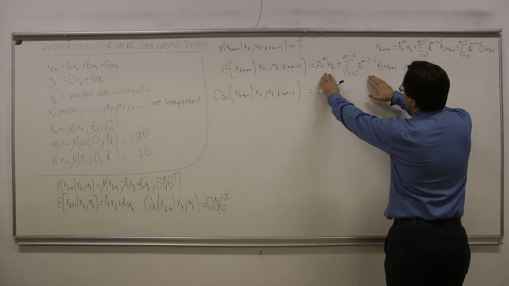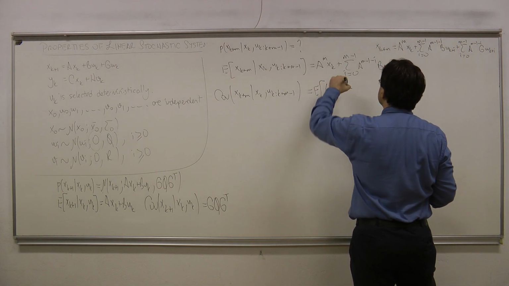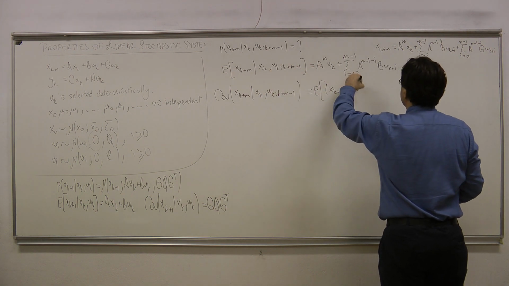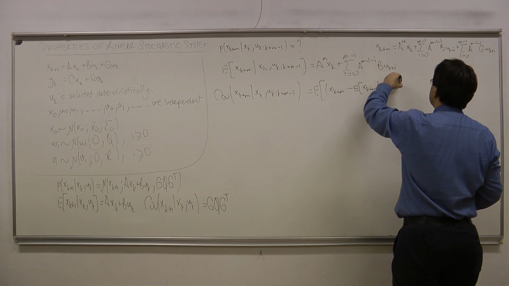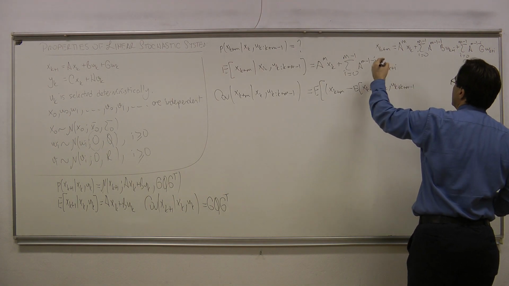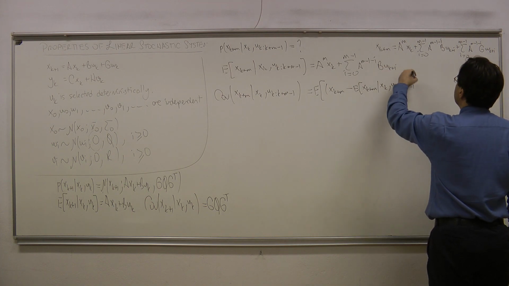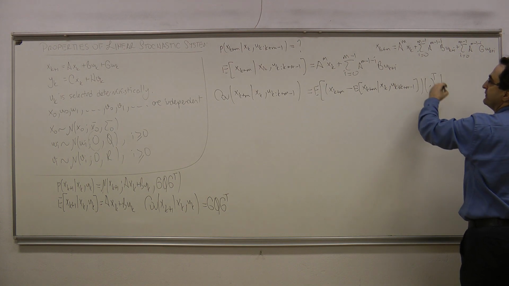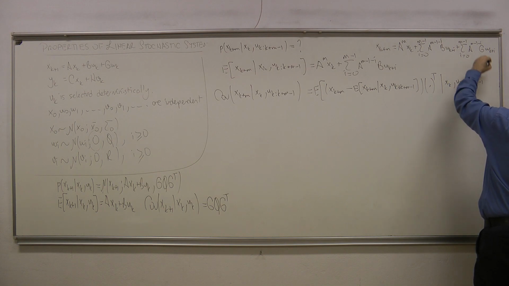The expected value, so what I need to do here is this: the expected value of x_{k+m} minus the conditional expectation of x_{k+m} given x_k and u_k from k to k+m-1, close the parentheses, and then the same thing transposed, given x_k and u_k from k to k+m-1.